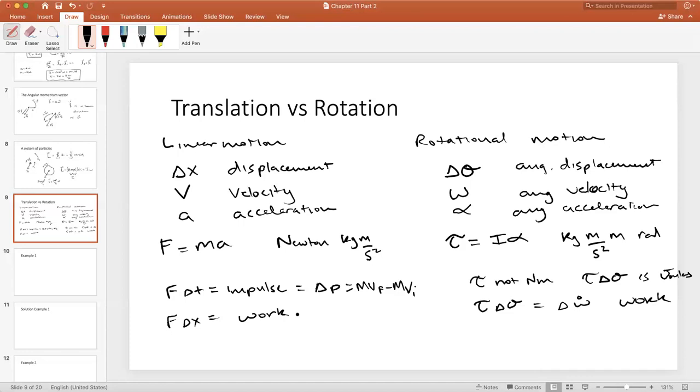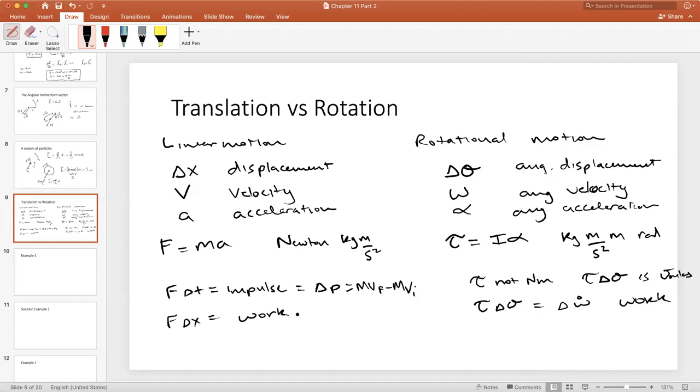Again, as I said, angular momentum and torque, the units are what they are. Torque has units of kilogram meters squared over second squared. Angular momentum has units of kilogram meters squared over seconds squared. Torque is not energy until you multiply it by a change in angle.